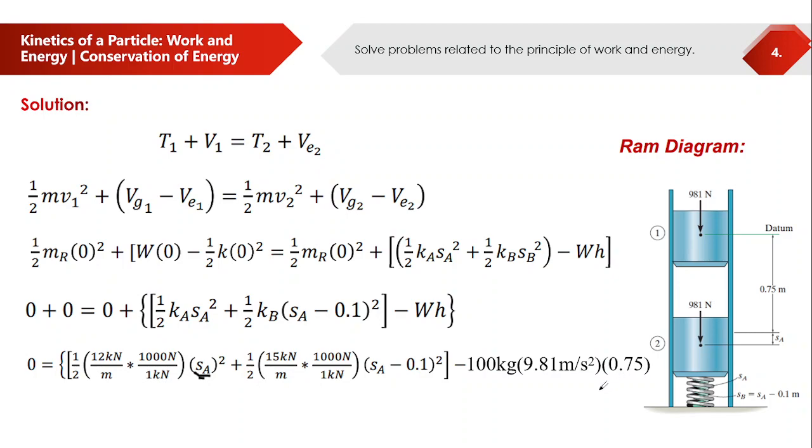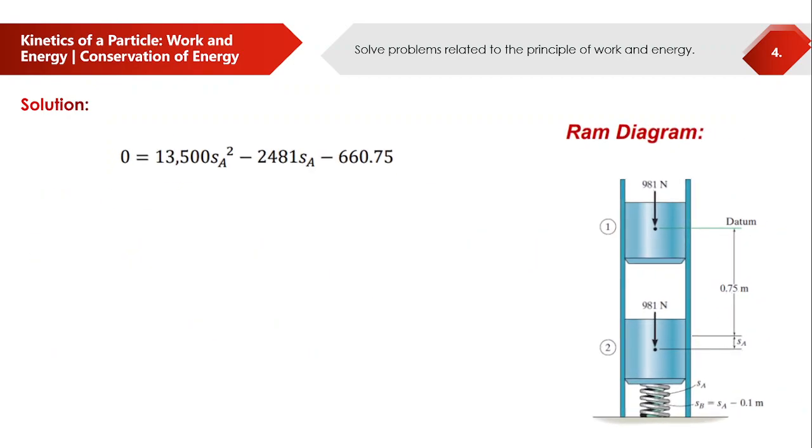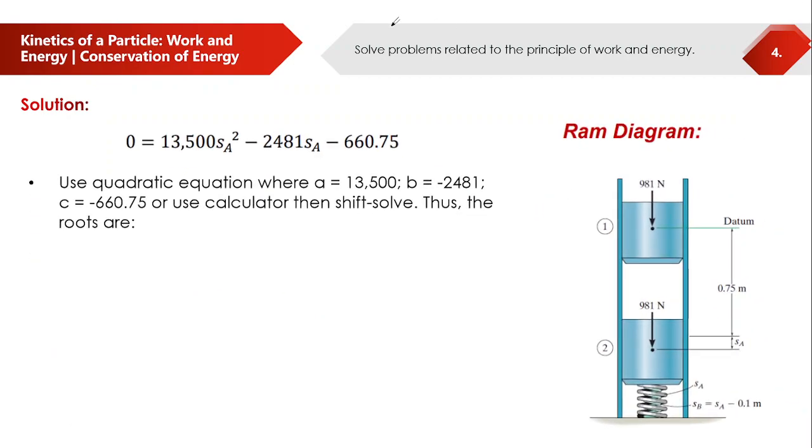So that will be 100 kilograms times 9.81 meters per second squared times 0.75. Therefore, solving for S sub A using the quadratic equation or your calculator, where A is 13,500, B is negative 2481, and C is negative 660. Then just shift solve there.